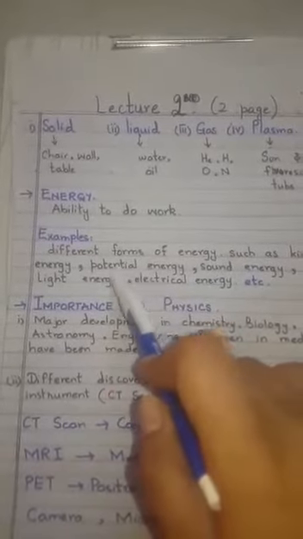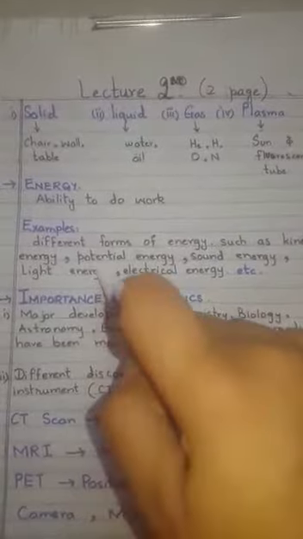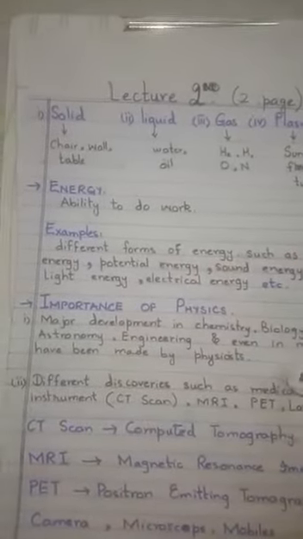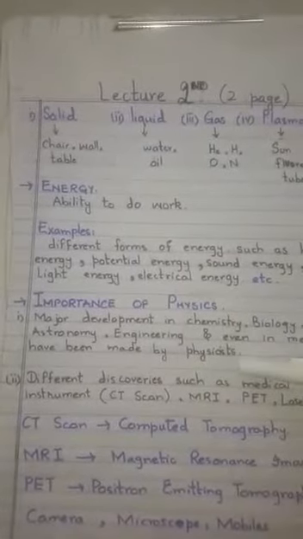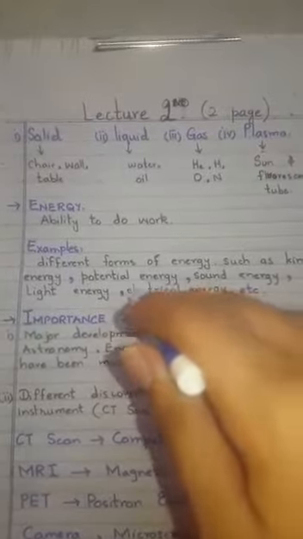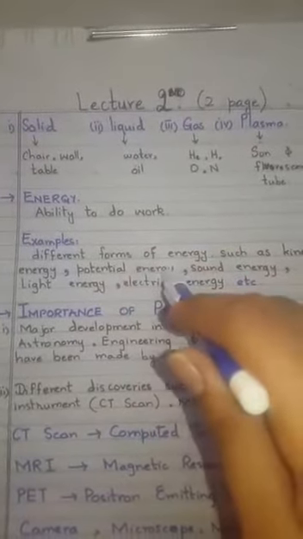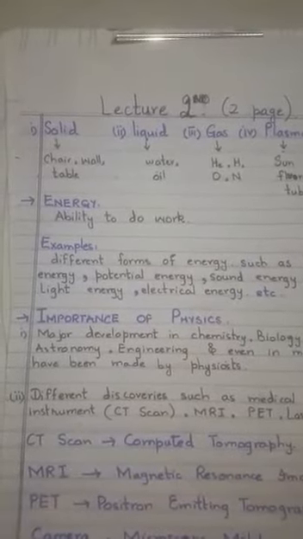Potential energy means energy due to position of an object. If an object has any position, it means that object has potential energy, but it may be of three different forms. If a body is at a certain height, gravitational potential energy will be present.